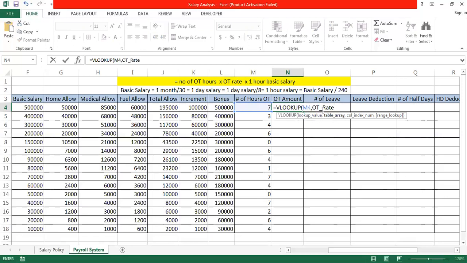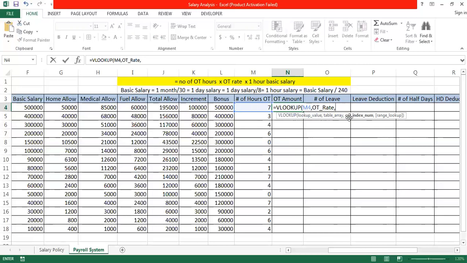In the first column of the overtime rate group name we have the number of hours, and in the second column we have the overtime rate.